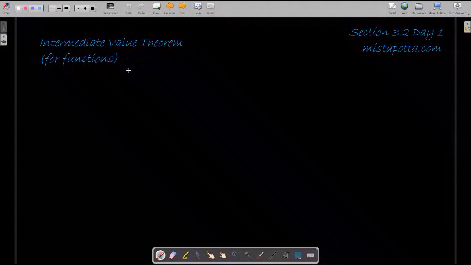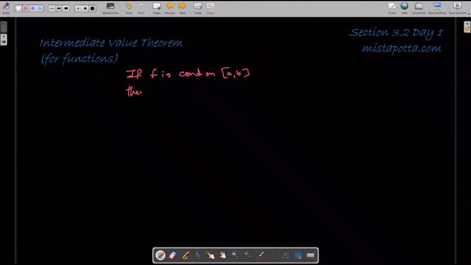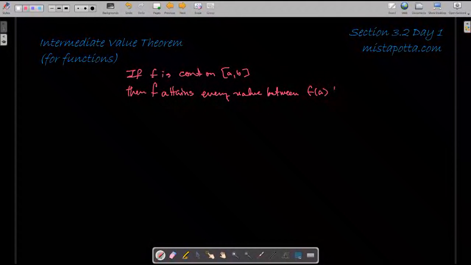And so what we're saying is that if f is continuous on some domain, then f attains every value between f of a and f of b.